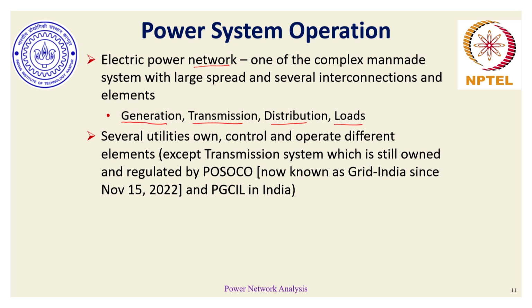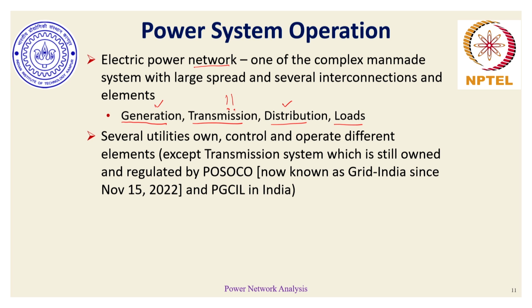If we talk about the Indian perspective, we have a lot of state-owned, centrally owned, and privately owned generation utilities. The same thing also goes for the distribution network. There are different state-owned as well as privately owned discoms. The interesting part is, so far, there has been no private player directly involved at the Indian transmission level.